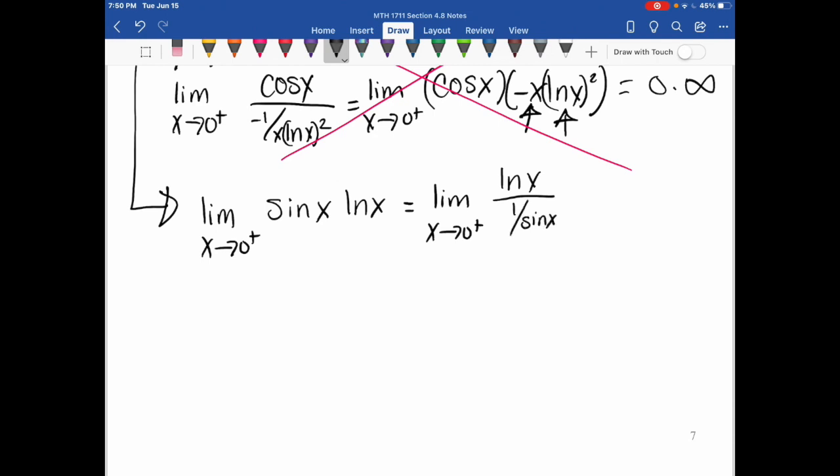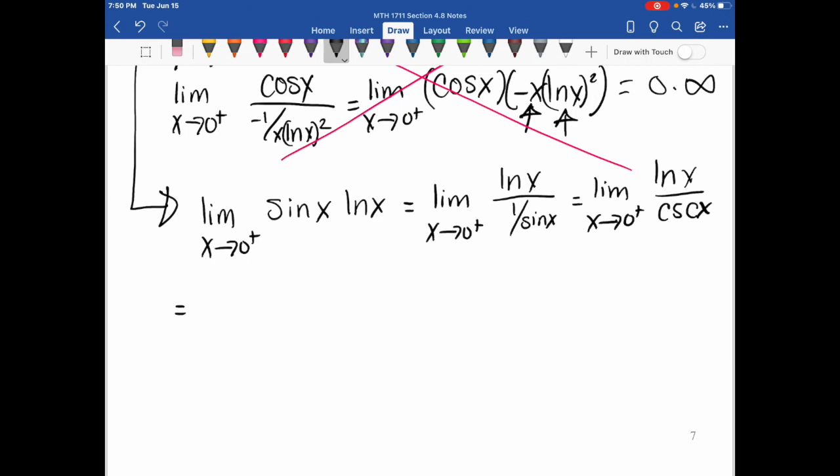So I'm going to leave the natural log of x in the numerator, and I'm going to divide by the reciprocal of sine. We can rewrite that as the limit as x approaches 0 from the right of the natural log of x over cosecant x, because cosecant x and sine x are reciprocals.